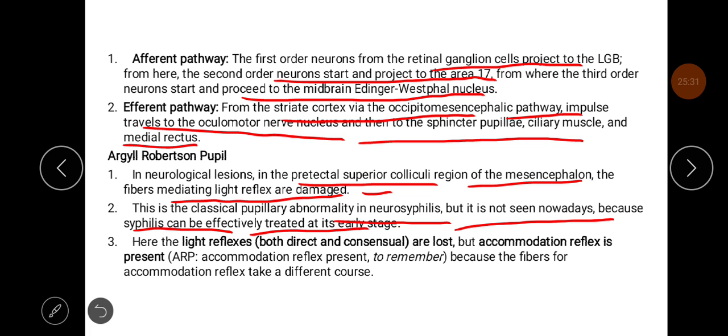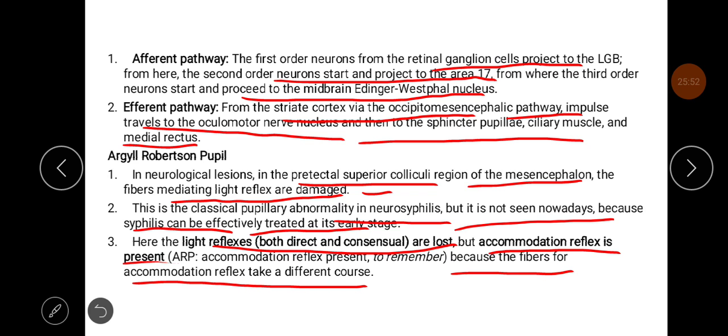Here both direct and consensual light reflexes are lost, but the accommodation reflex is present. That is why in Argyll-Robertson pupil the accommodation reflex is present: the fibers for the accommodation reflex take a different course.